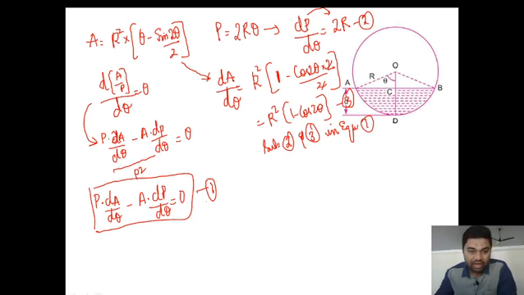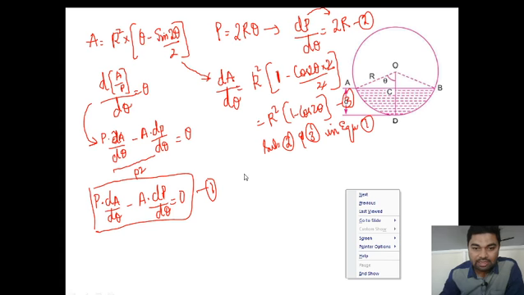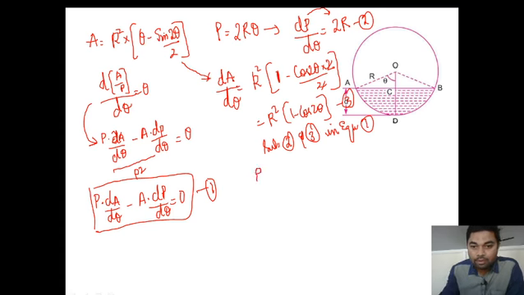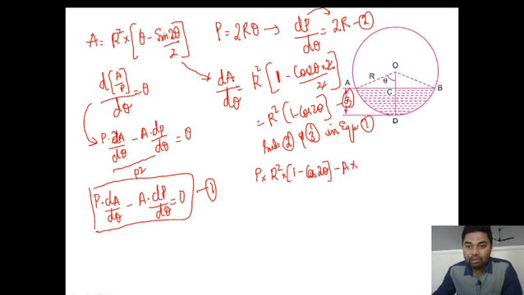If we substitute the dA/dθ value and dP/dθ in this equation, we get P into r square into (1 minus cos 2θ) minus A into 2r is equal to 0.